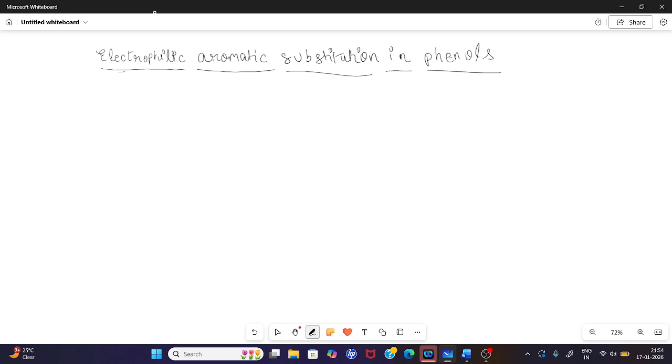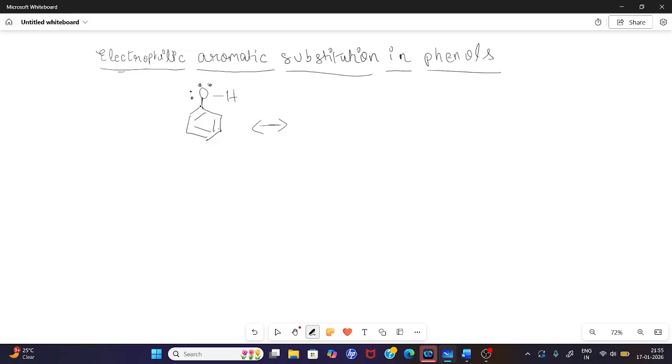Basically, to begin with the basics, we all know how the structure of a phenol looks. This is the basic material that we have studied about phenols right from maybe 11th. We all know that phenol exists in the form of resonating structures, and that it undergoes a positive mesomeric effect.